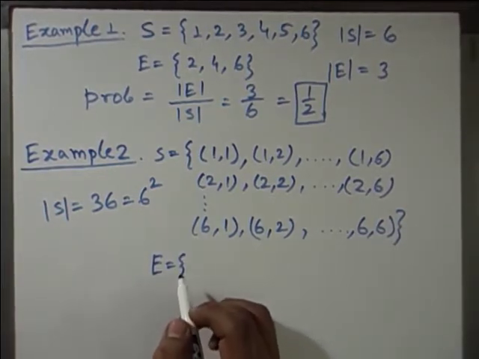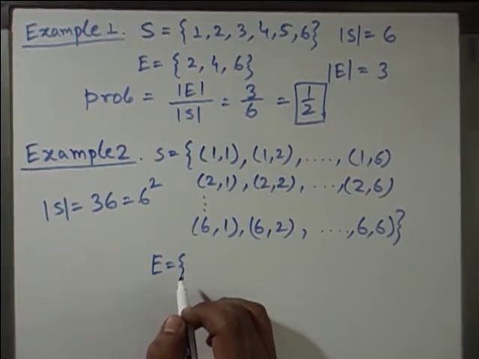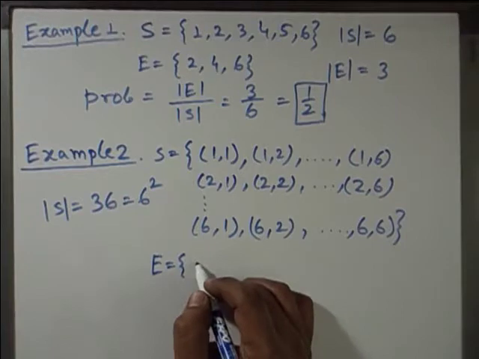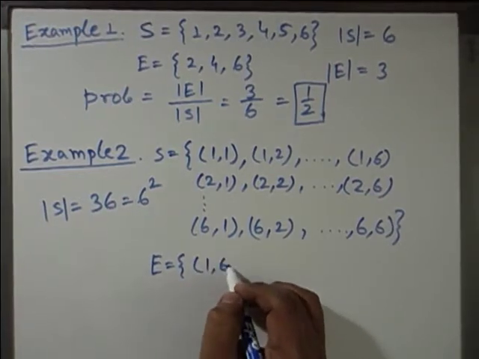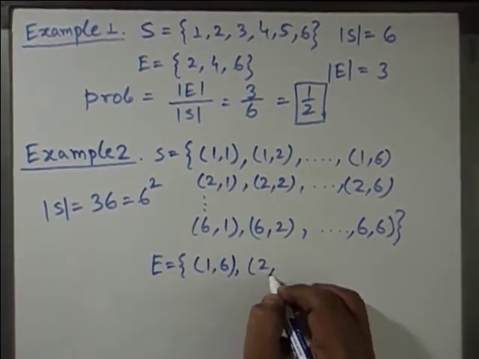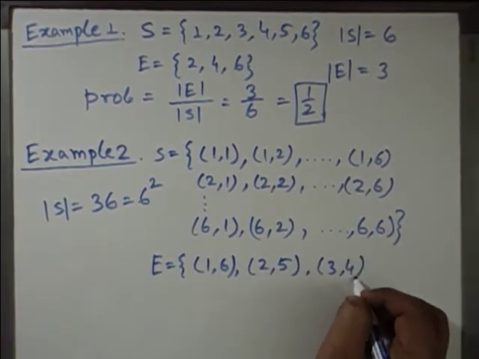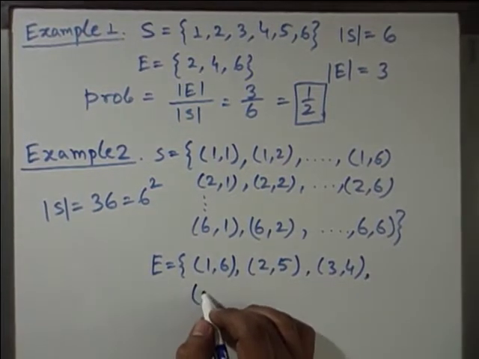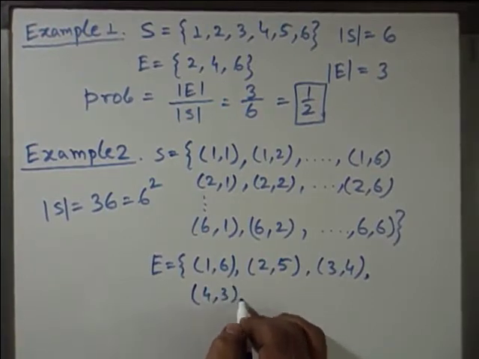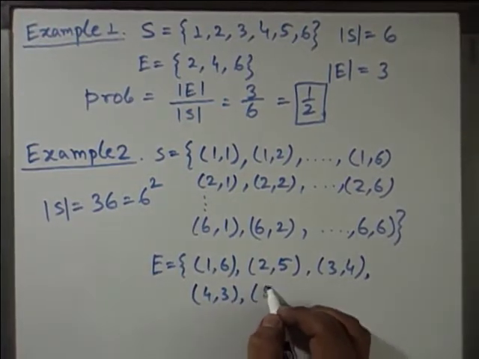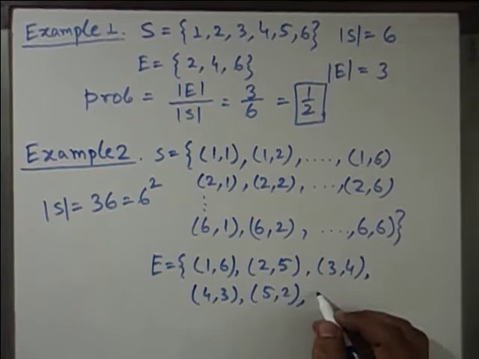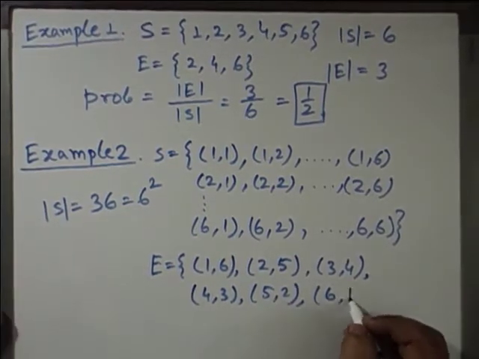Now let's see what's the event space for this particular problem. The event is that the sum of the numbers on the faces is equal to 7. That means 1 6, 2 5, 3 4, 4 3, 5 2, 6 1.